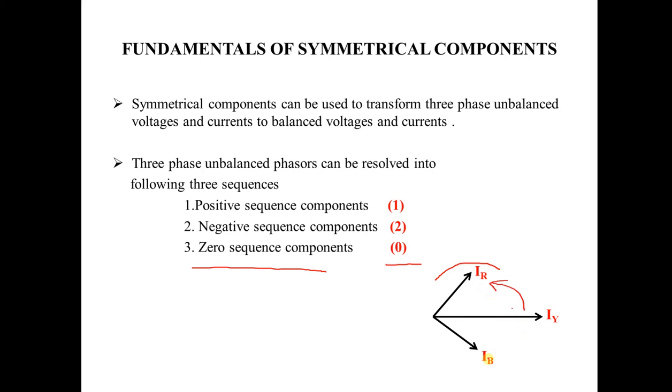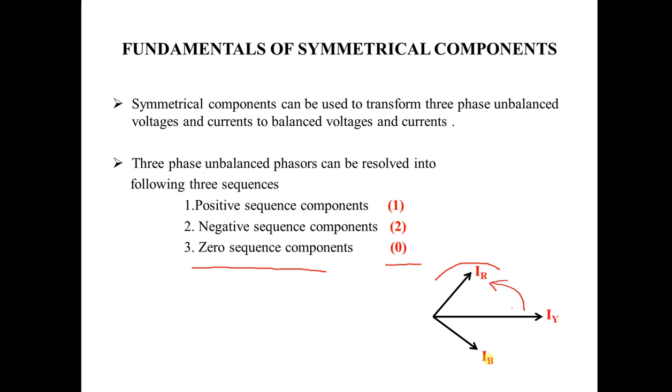The positive sequence component is a balanced system of three phase currents having positive or normal phase sequence. The negative phase sequence has three phase currents having opposite or negative phase sequence.